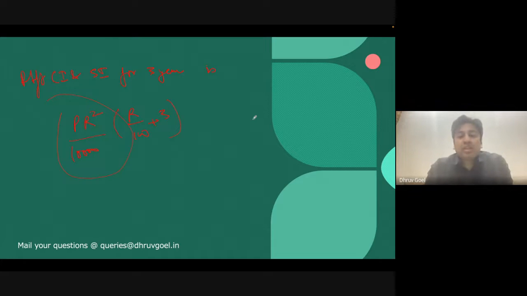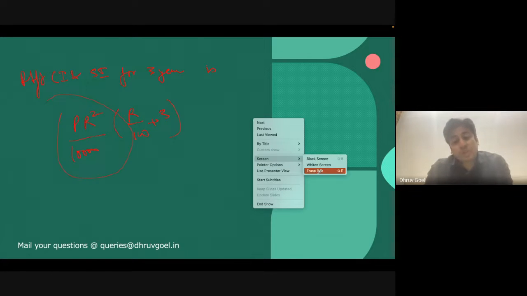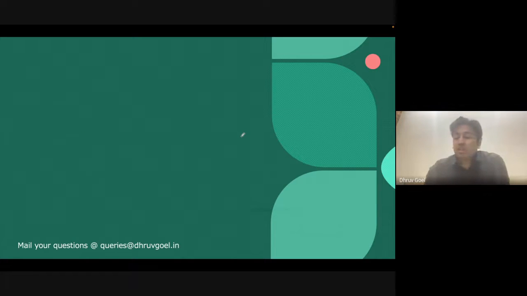Okay. Now another question which comes, which is actually a very lengthy question, is about CI for 3 years and 2 years. So suppose it is given that CI for 3 years is equal to rupees 1456 and CI for 2 years is equal to rupees 880.